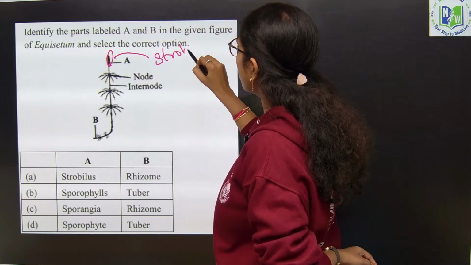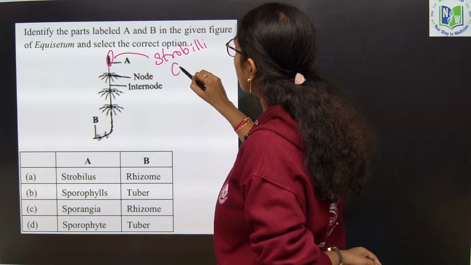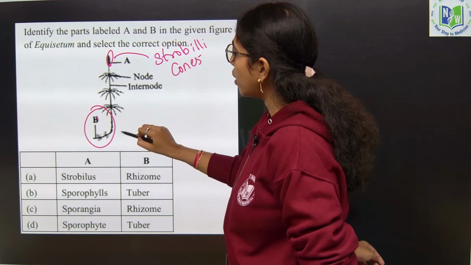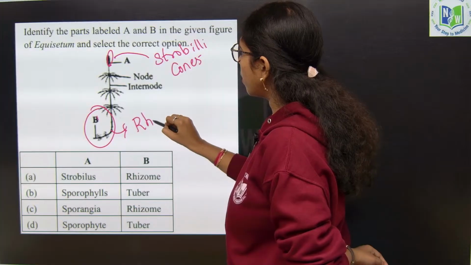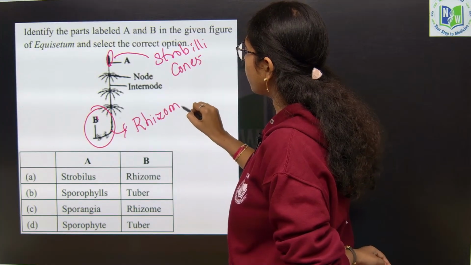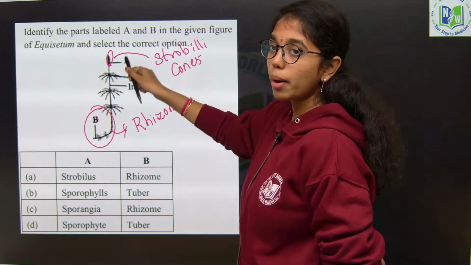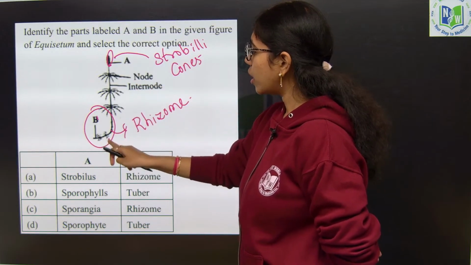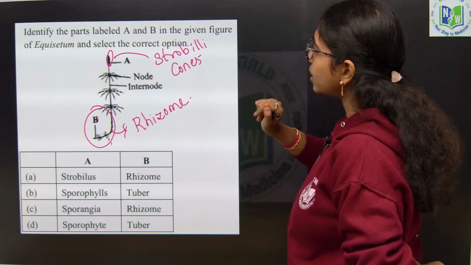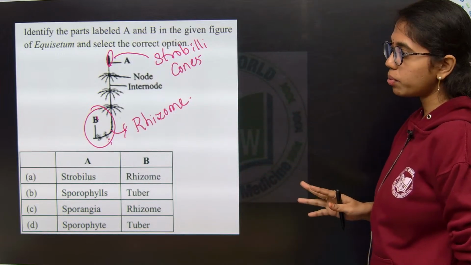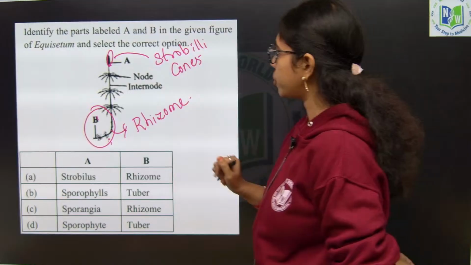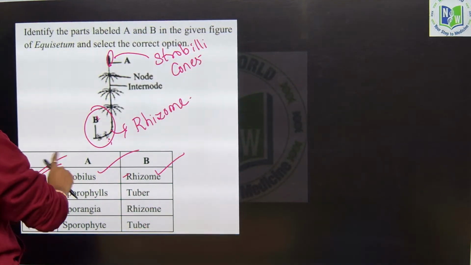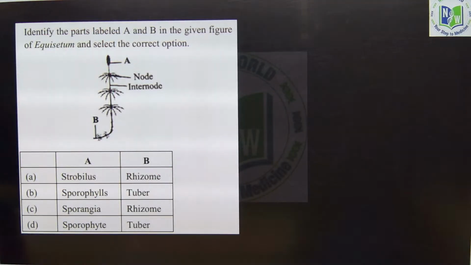Strobili or cones, fine. And down, this B is what? Rhizome, fine. So, A is compact cone-like structure, that is strobili, and this is rhizome. A is strobilus, and B is rhizome. Option A is the right answer. Next question, ma?